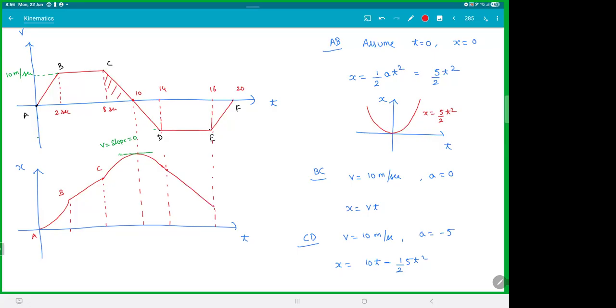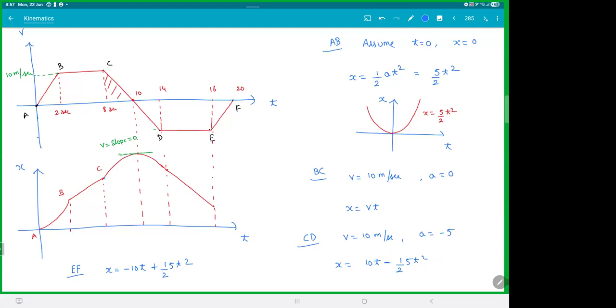Now E to F, again, it will be a positive acceleration, but this time a negative velocity. So E to F, your V is negative, so you'll get x is equal to minus 10t plus half 5 t square. If you look at this equation and the other one, there is just a difference of a minus sign.